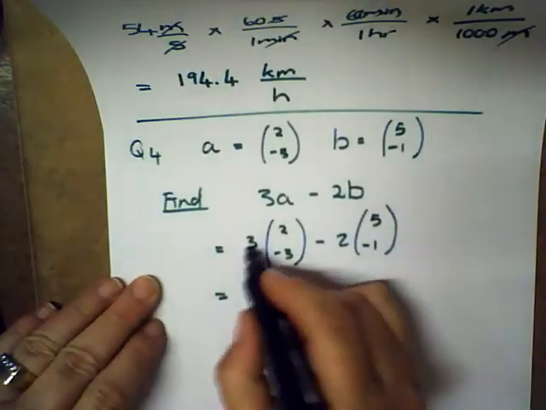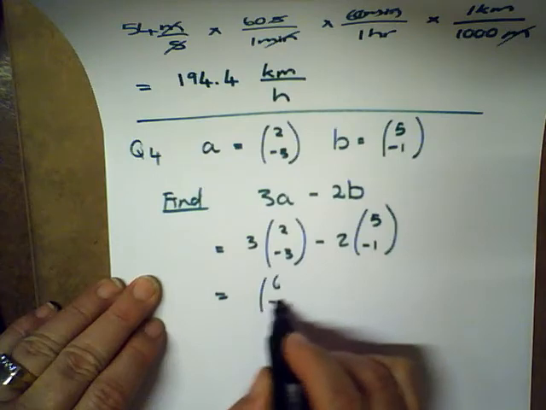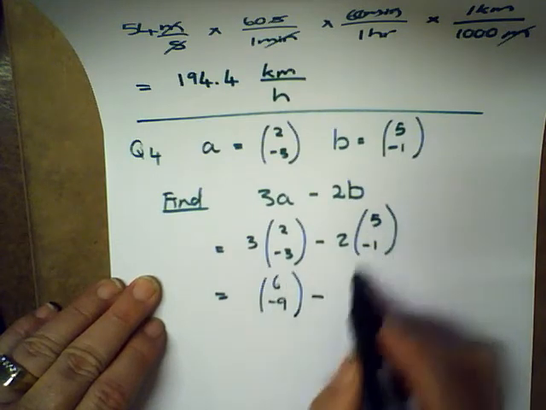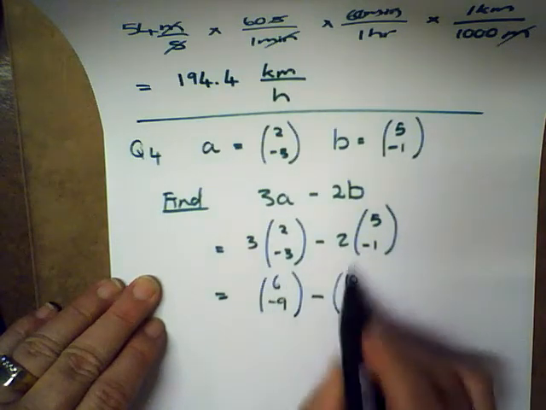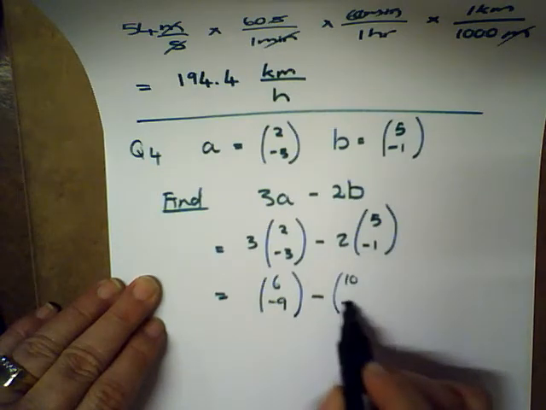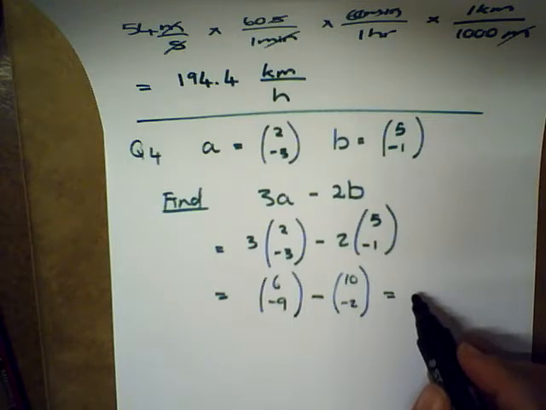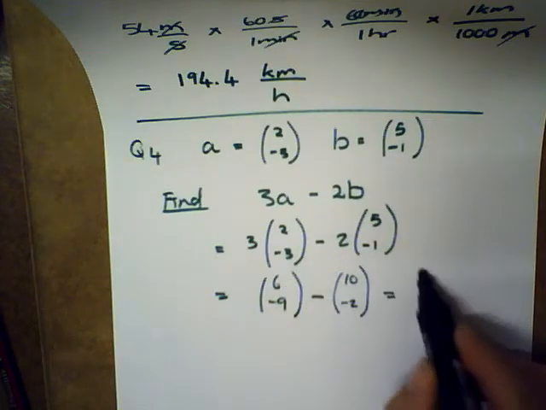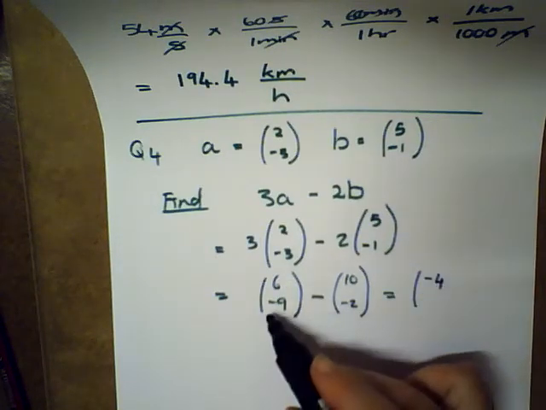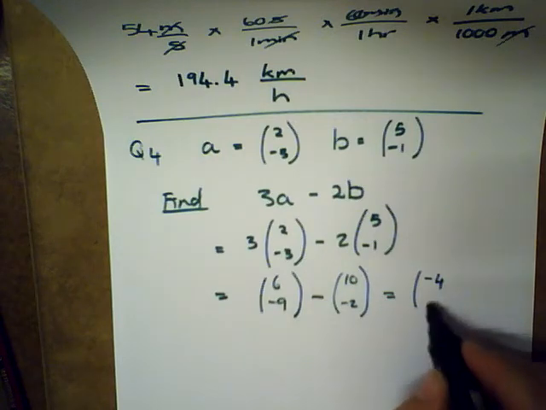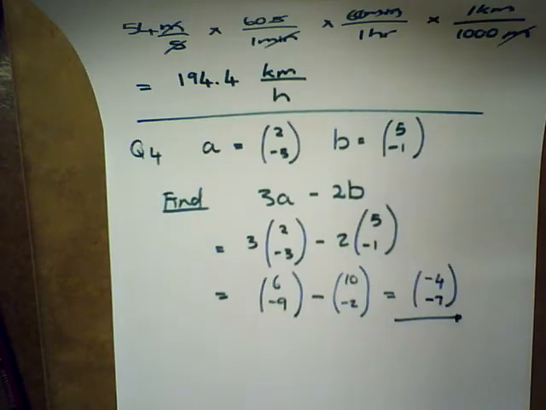Okay, so 3 times 2 would give us 6, and 3 times -3 would give us -9; minus that would give us 10, and that would give us -2. Now let's do the actual arithmetic there.